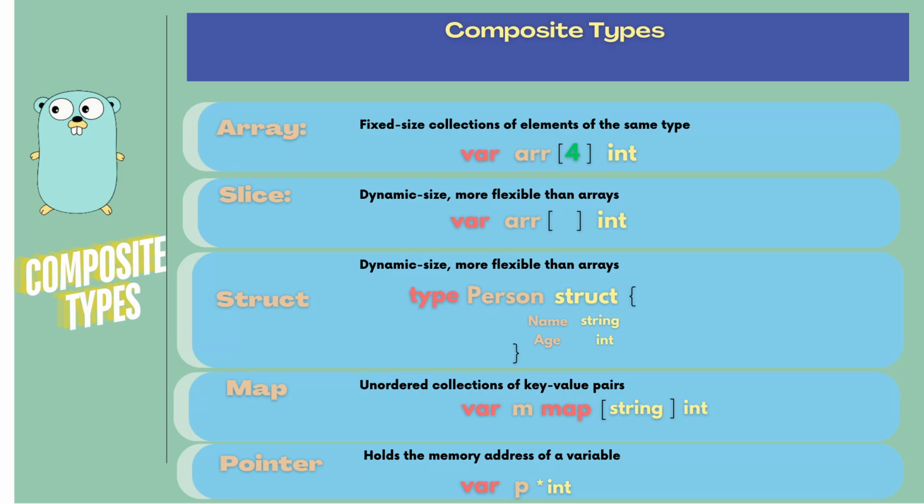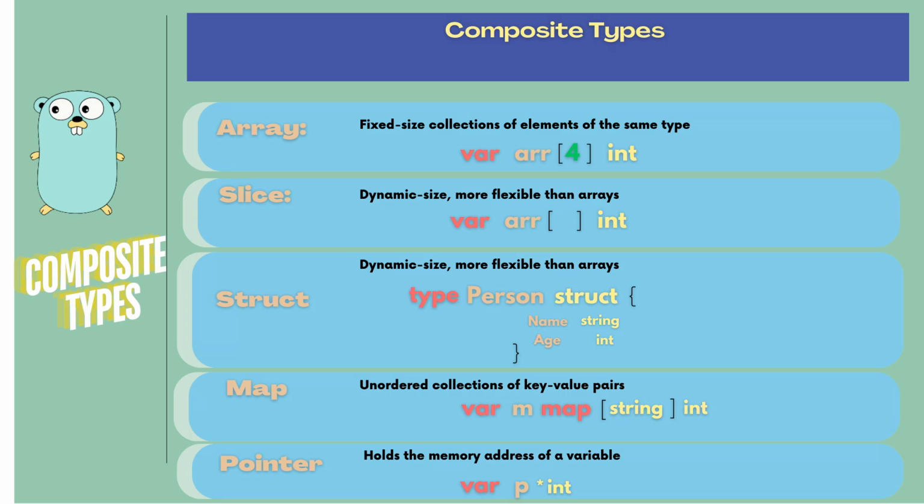Composite types in Go include array. An array is a fixed size collection of elements of the same type. You can see here we have declared an array called arr whose size is 4, so it can store 4 elements of the same type. If it's string, it has to be string. Next is slice. Slice is more flexible than arrays and its size is dynamic. Moving on to struct.